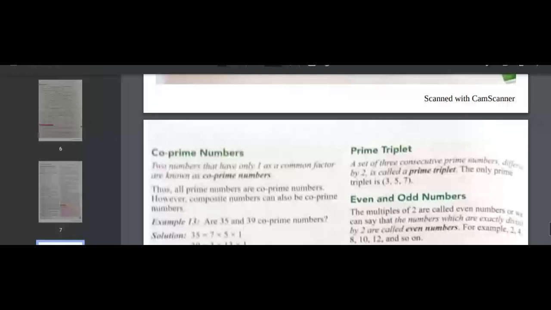For example, if we have two numbers and both have 1 as a factor, then those two numbers are known as co-prime numbers. Here is an example: 35 and 39. What are they? Co-prime numbers.